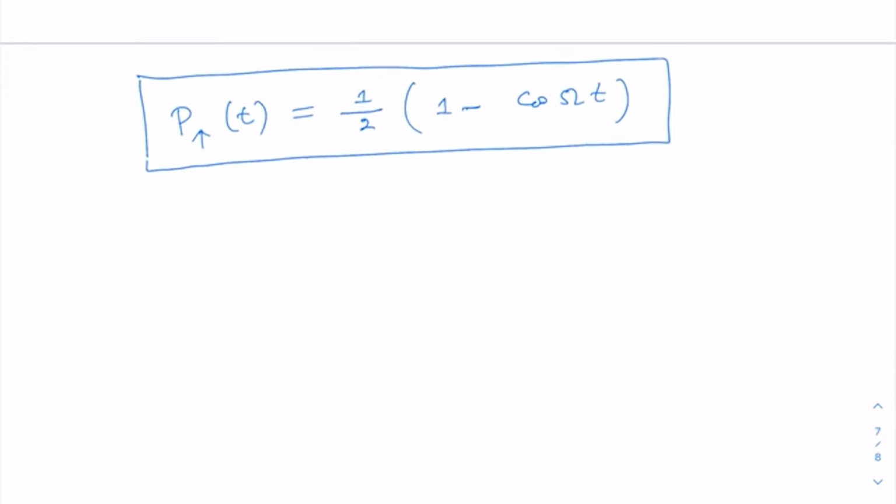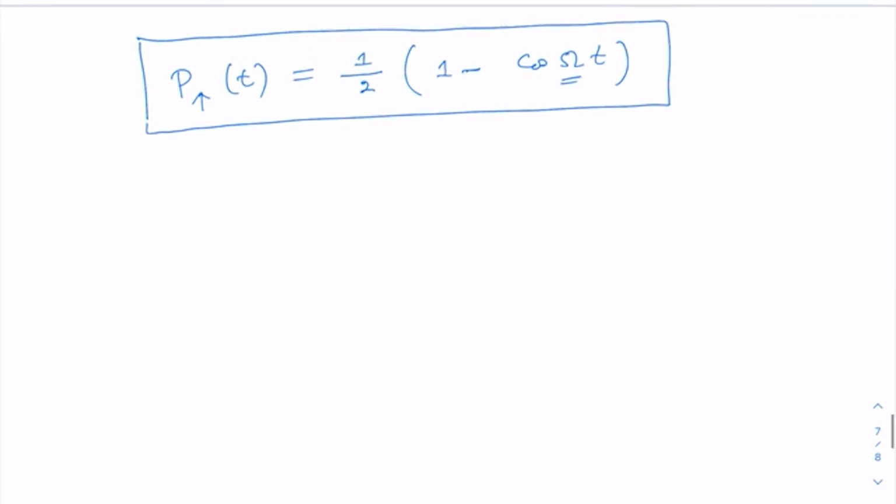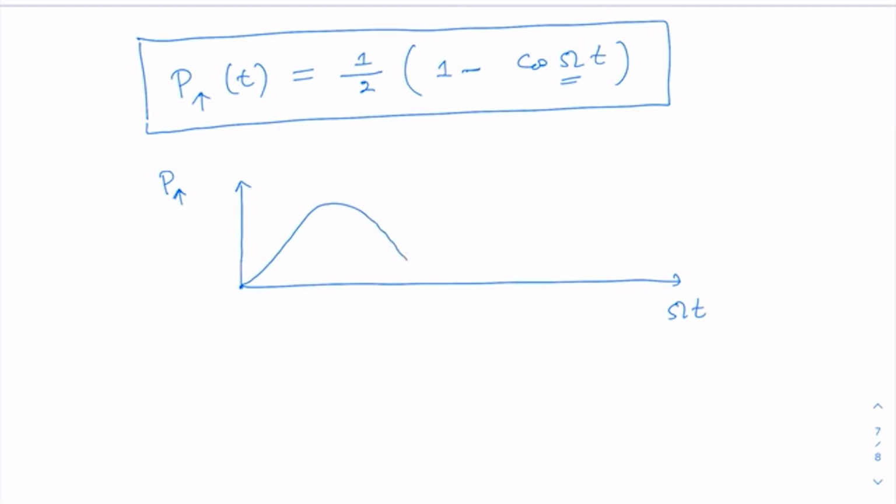We have got an expression as a function of time, and it is basically dependent on this Rabi frequency, and immediately it's very easy to plot it. I already talked about this plot earlier qualitatively. If I plot P up, the probability of finding the system in the excited state, against omega t on the x-axis, then we started in the ground state, and as time goes on, this kind of oscillatory behavior we are going to get.